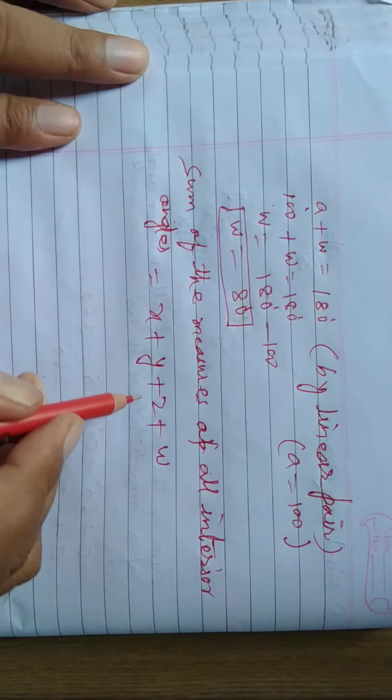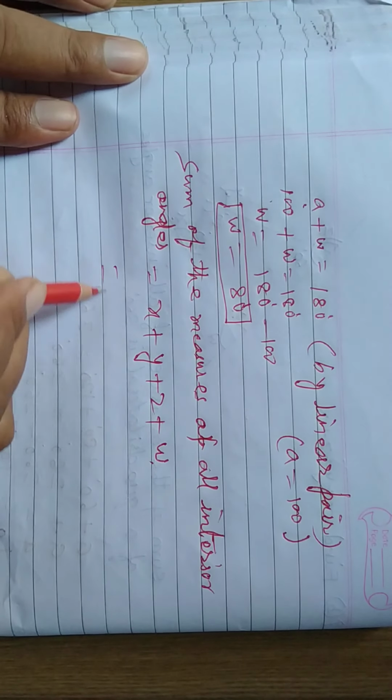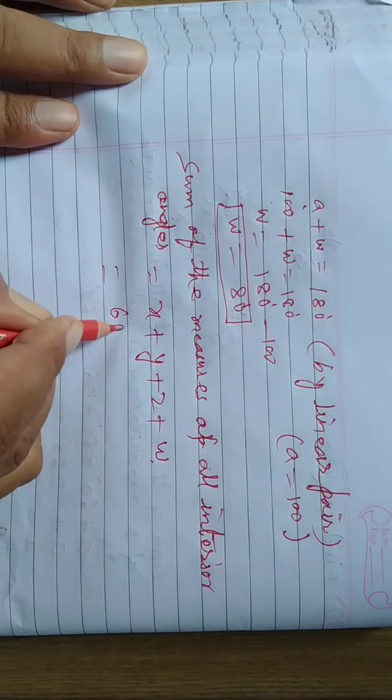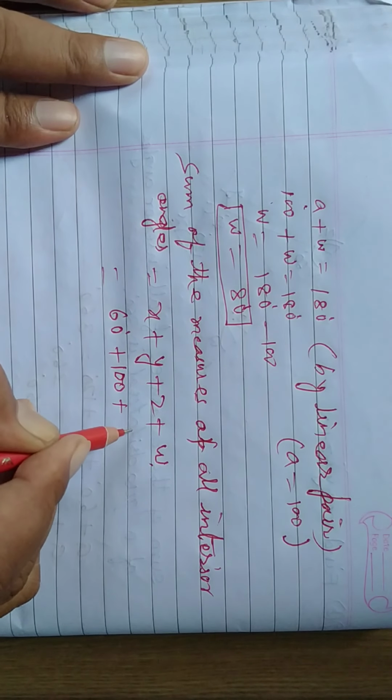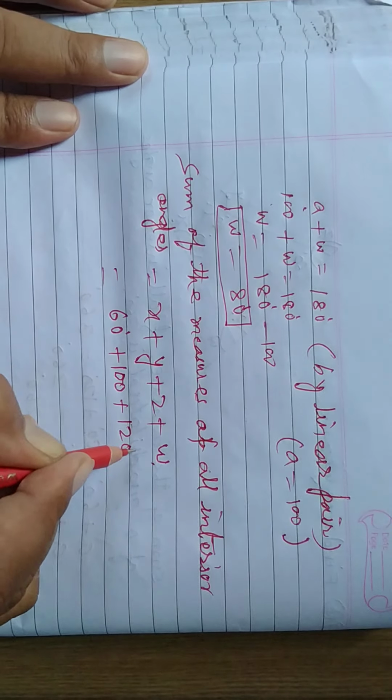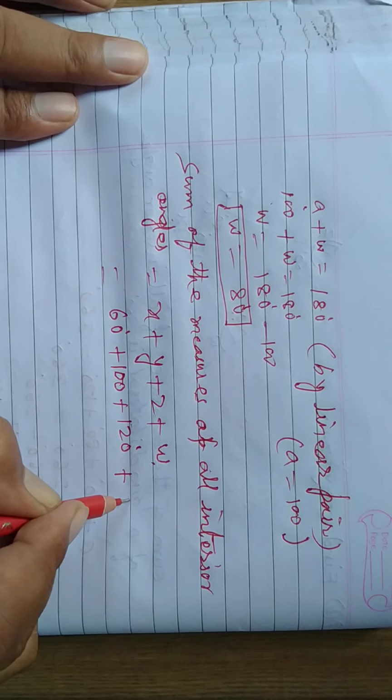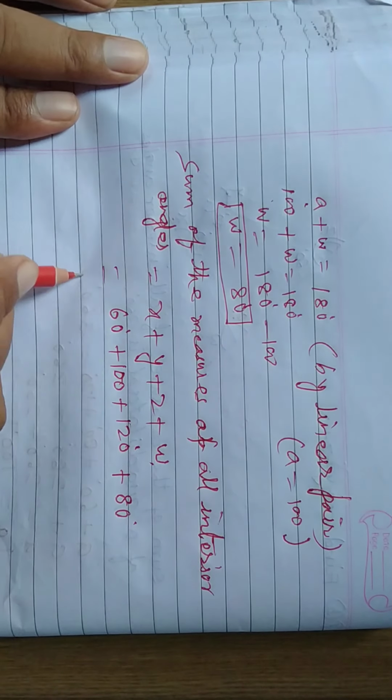Now we know the value of this. We can put the value 60 degree plus 100 degree plus z value is 120 degree plus w value is 80 degree. We can add.